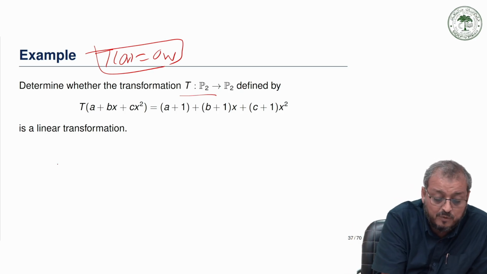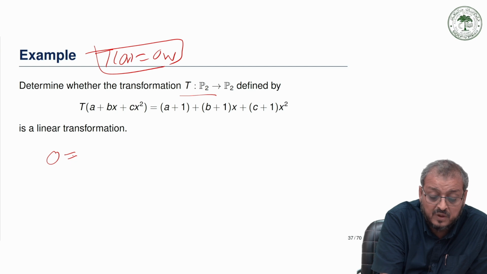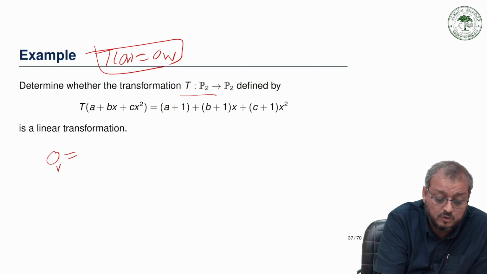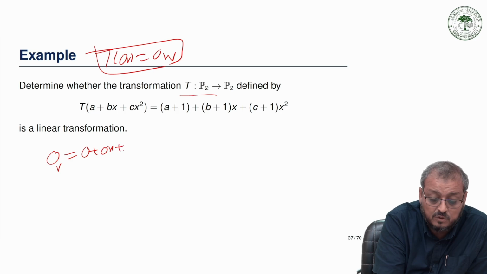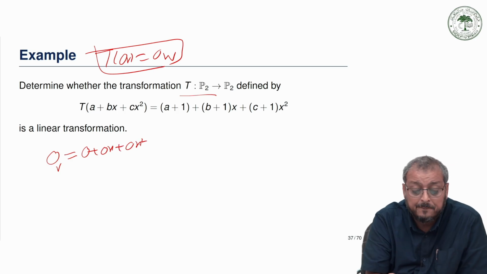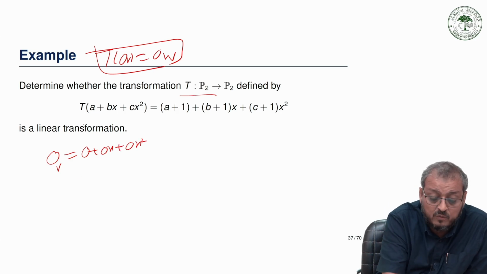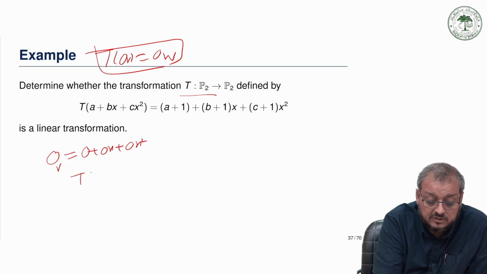Now what is the zero polynomial? We know that the zero polynomial is the zero element of P2. The zero polynomial 0 of V is 0 plus 0x plus 0x square, and we have to take T of the zero polynomial.